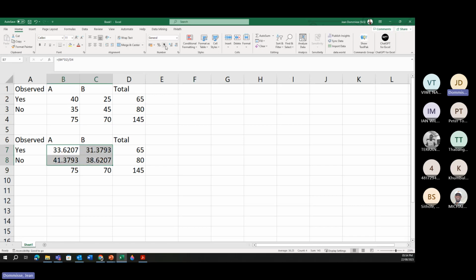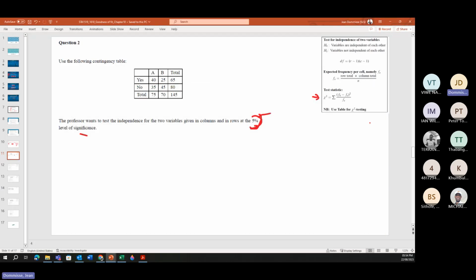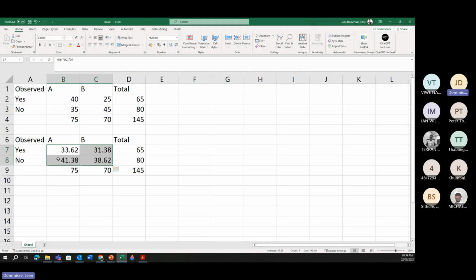We used the formula that they gave us: row total times column total divided by n. That gives us those numbers, and you will see that the totals must always be exactly the same. Then you know you have done it correctly.